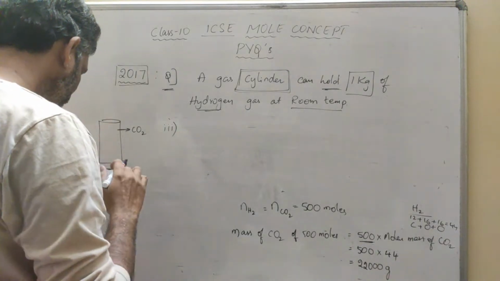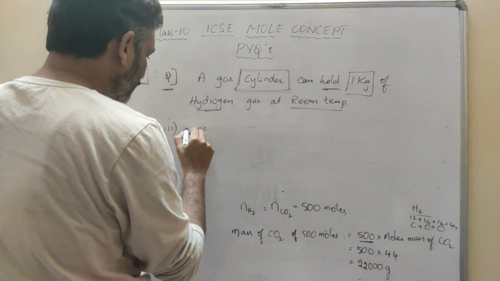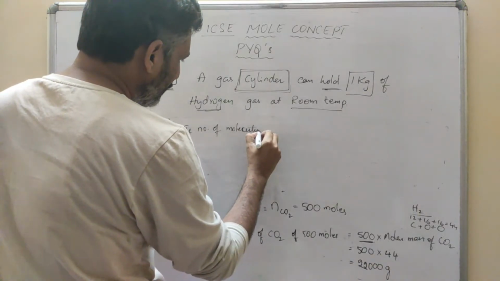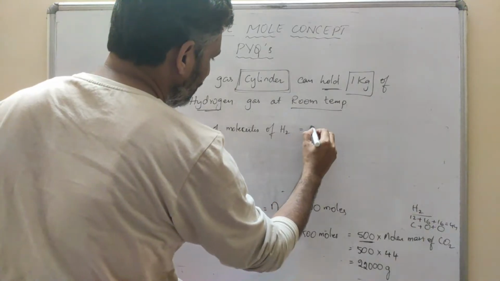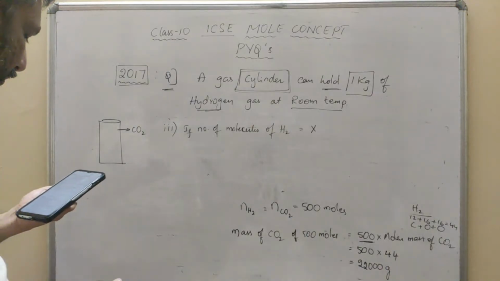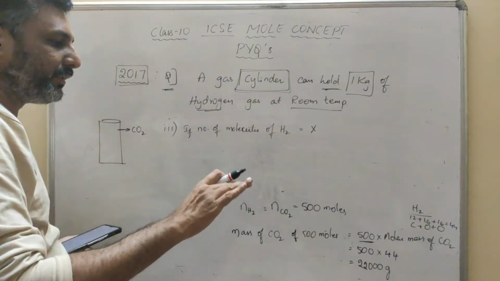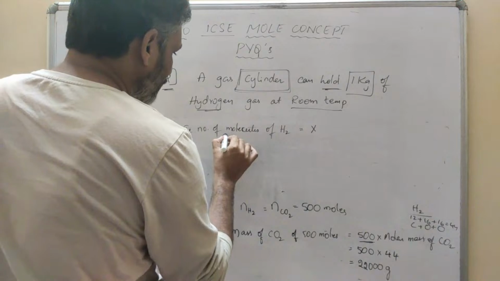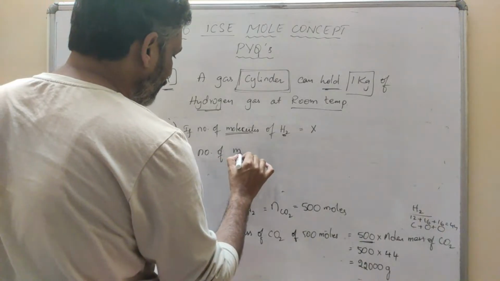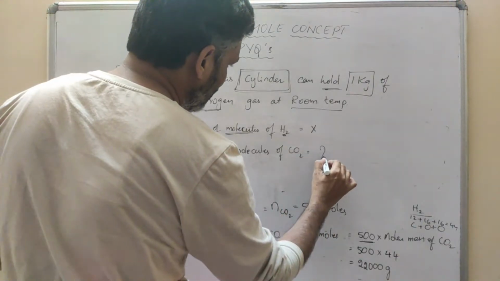The third bit is, if the number of molecules of hydrogen gas is equal to X in the cylinder, then calculate the number of molecules of carbon dioxide present in the cylinder under the same conditions. If the number of molecules of hydrogen is X, then he is asking us to find the number of molecules of carbon dioxide under the same conditions.